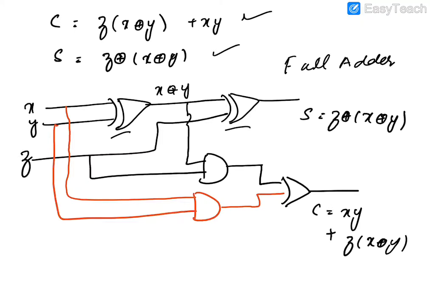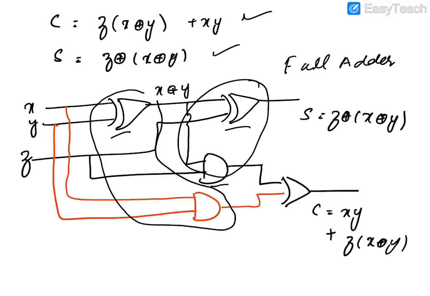So basically 1 XOR and 1 AND gate is a half adder, and another XOR and an AND gate is another half adder. So basically a full adder can be formed by using 2 half adders and an OR gate. That's why it is called full adder, and the previous one is called a half adder.